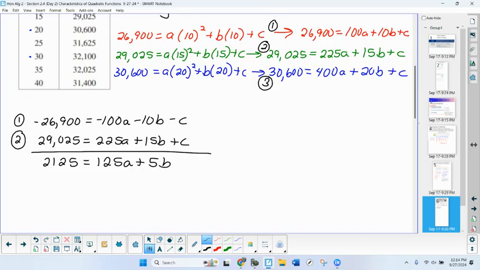Now I have to use equation what? 3. Do you want to use 1 and 3 or 2 and 3? 1 and 3? Okay, do you want to make 1 negative again? Yeah. Okay, so negative 26,900. Board's being leggy. Equals negative 100A minus 10B minus C. And then I'm going to bring equation 3 down.